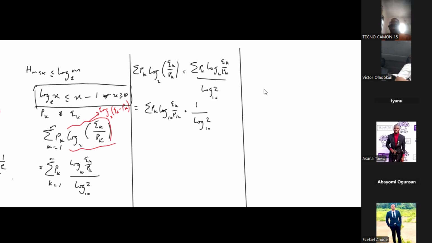So let's assume I say sigma P sub K log Q sub K over P sub K divided by log E base 10 times log E base 10 divided by log 2 base 10.